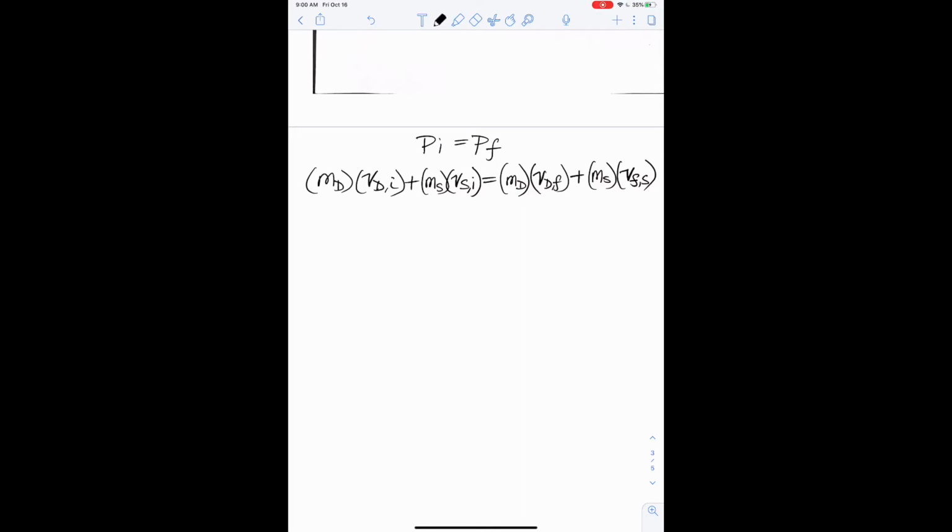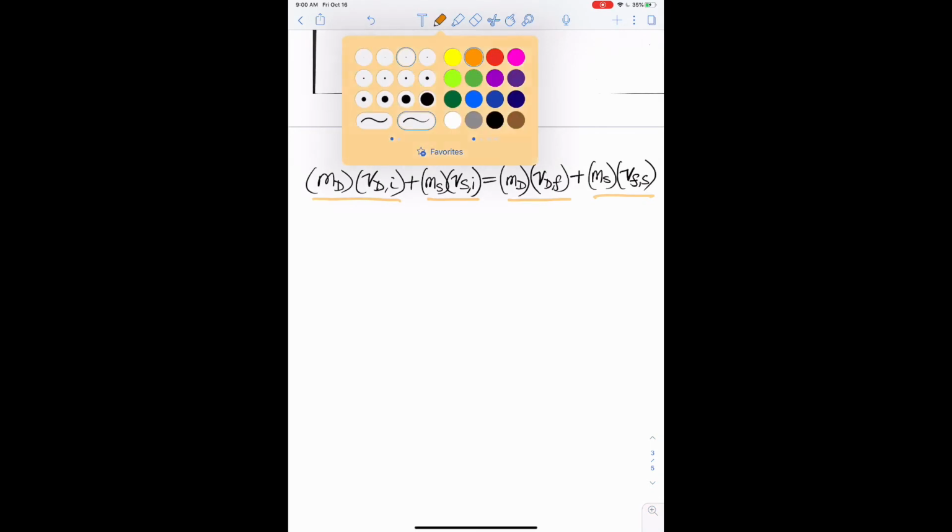So what we have here is PI of David plus PI of Sandra equals PF of David plus PF of Sandra. Just so you can understand, that's kind of what we're saying here.